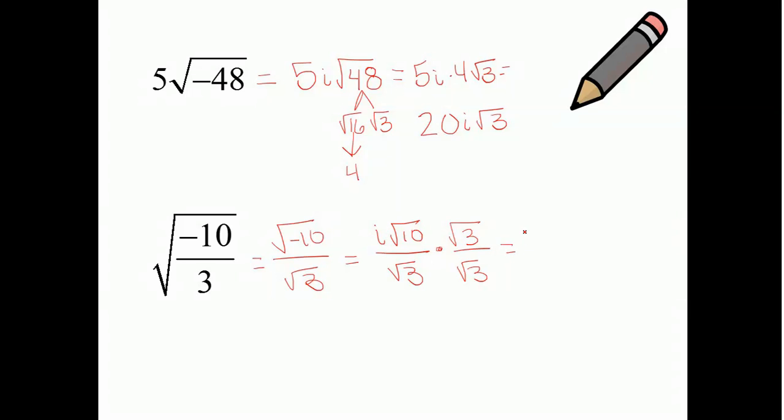I'm going to get i square root of 30 all over the square root of 9, which is 3. And that's my final answer for that particular problem, because the square root of 30, 4 doesn't go in, 16, 25, none of the perfect squares go underneath it. So I can just leave it as that.